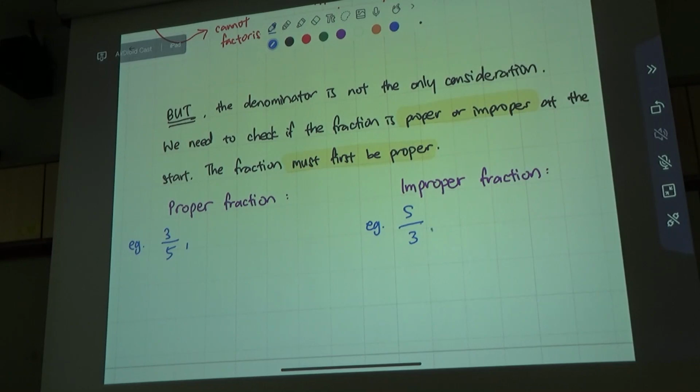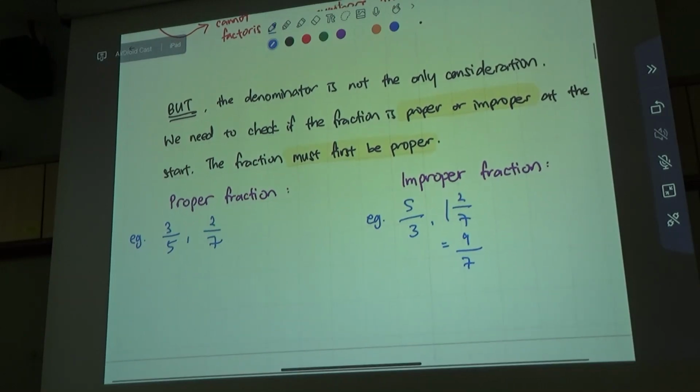Even a mixed number, we also call it improper. 1 and 2 over 7 is improper because if I write it as a fraction, I will be having 9 over 7. Another example of a proper fraction may be 2 over 7. Of course you can have negative proper fractions and negative improper fractions, but I don't want to bother us with negative numbers here.